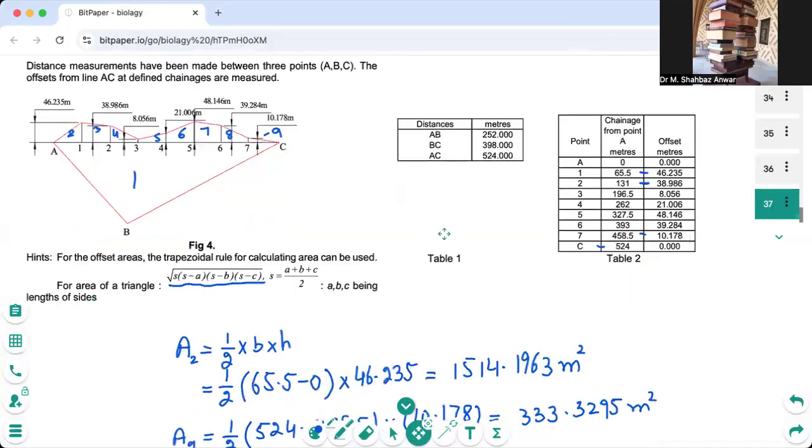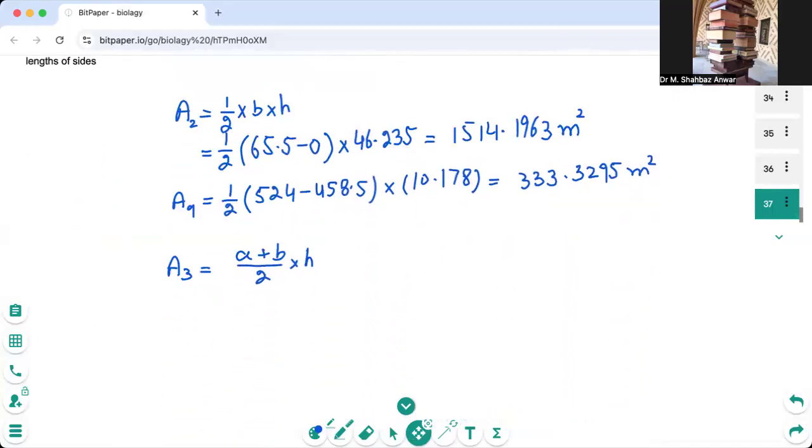So A is 46.235 plus 38.986, divided by 2.